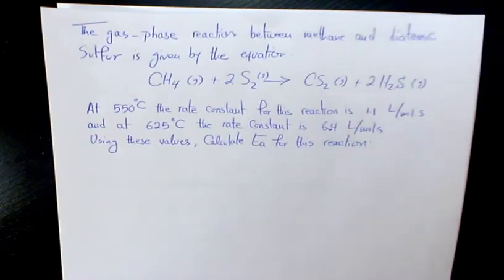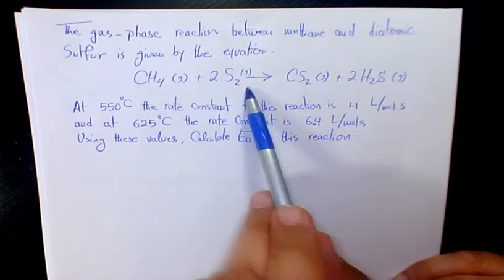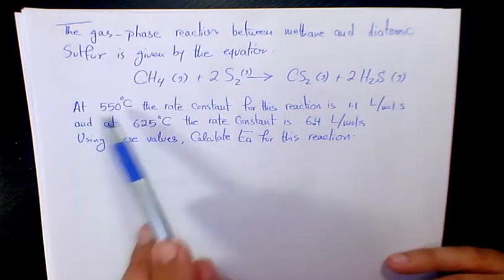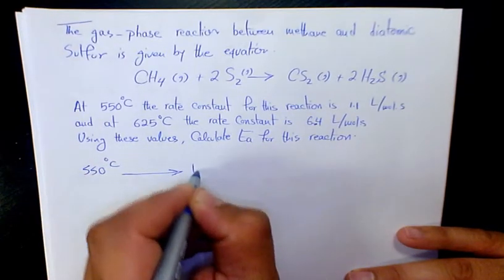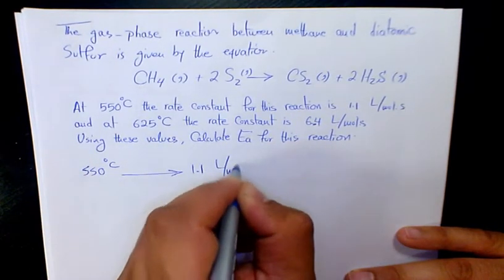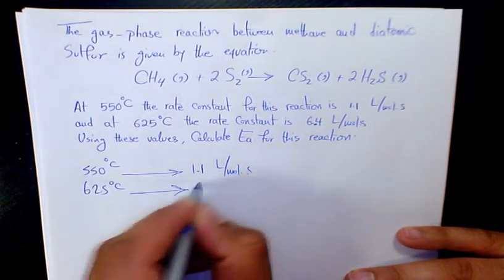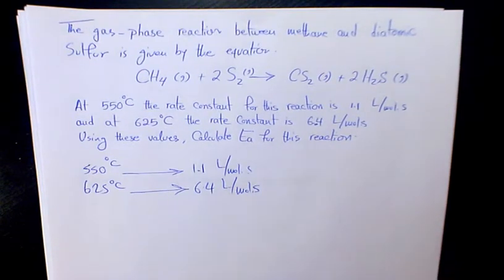The gas-phase reaction between methane and diatomic sulfur is given by this equation: methane plus 2 S2 gives us CS2 plus 2 H2S. At 550 degrees Celsius, the rate constant is 1.1 liter per mole per second. And at 625, the rate constant is 6.3 liter per mole per second.